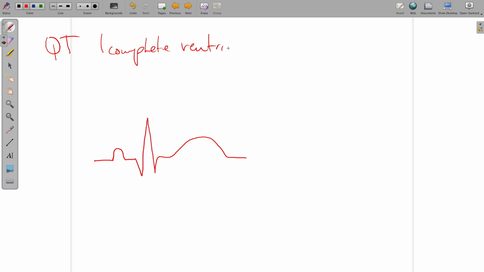And what I mean by that is a complete ventricular cycle consists of a total depolarization and repolarization of ventricular tissue. So the QT interval starts at the beginning of the Q wave and it goes all the way to the end of the T wave, hence the name QT interval. The amount of time that elapses between the beginning of the Q wave and the end of the T wave is called the QT interval, and it represents one complete ventricular cycle.